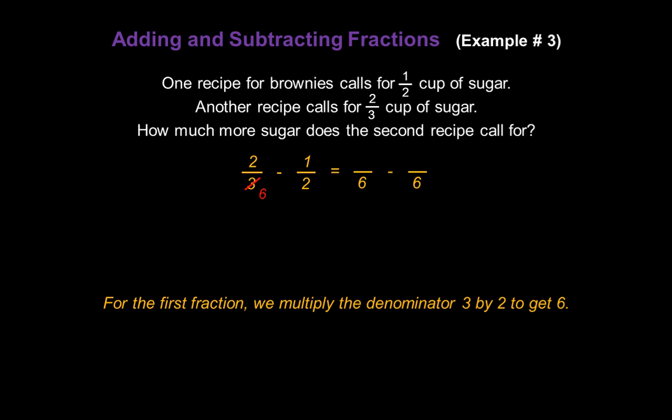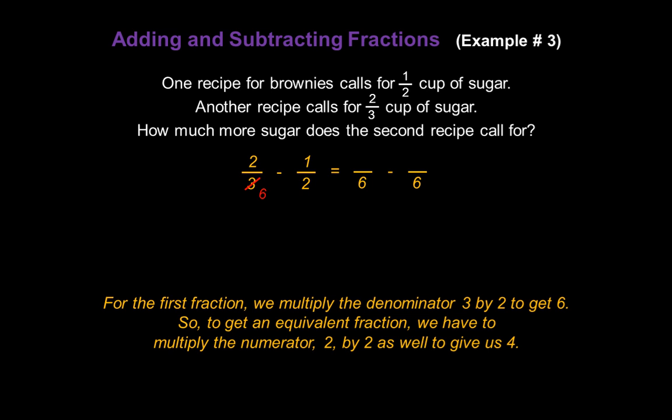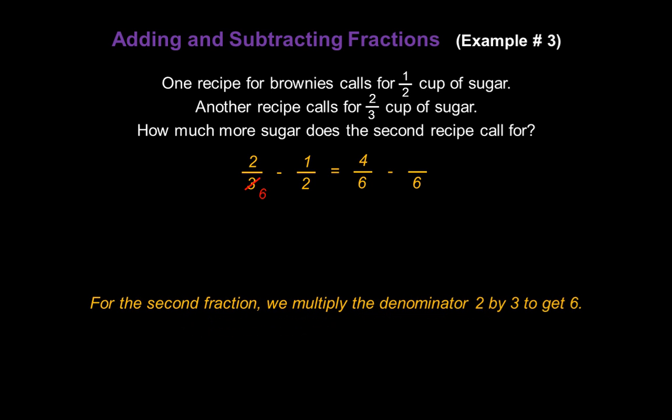Now for the first fraction, we multiplied the denominator 3 by 2 to get 6. So to get an equivalent fraction, we have to multiply the numerator 2 by 2 as well, and that's going to give us 4. For the second fraction, we multiply the denominator 2 by 3 to get 6.